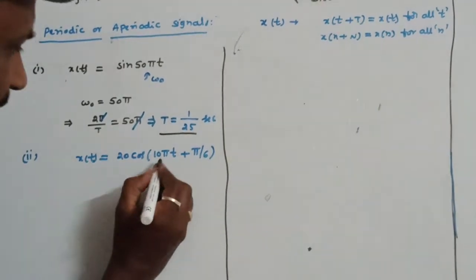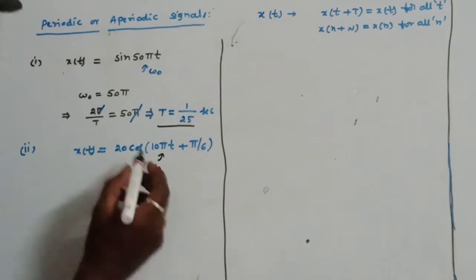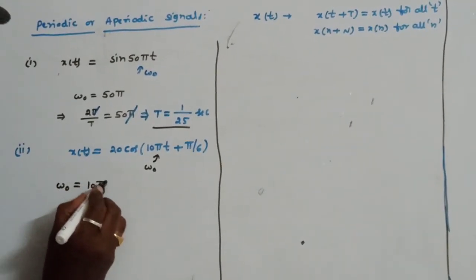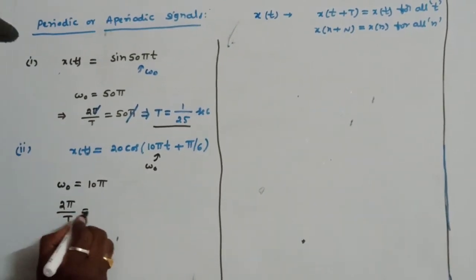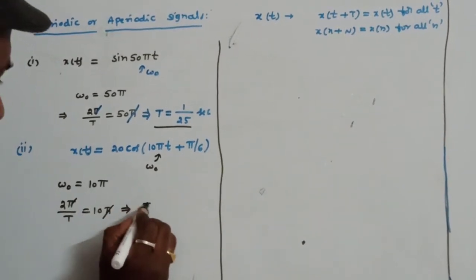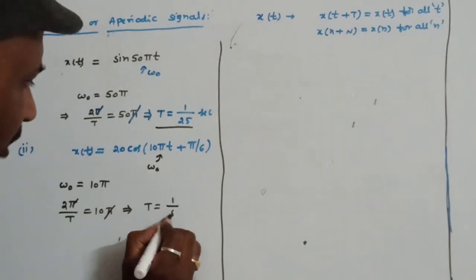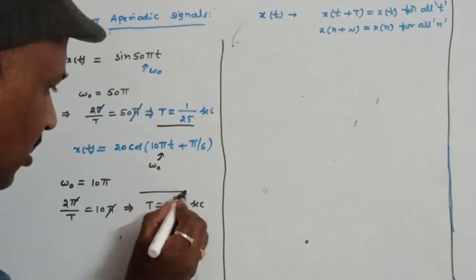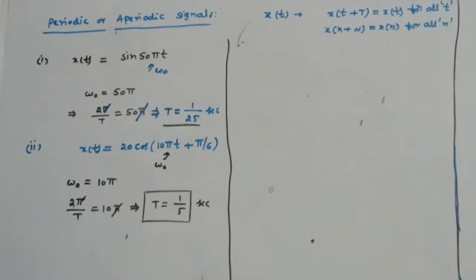Let us find out what is omega 0 here: 10 pi. So what is our formula? 2 pi by capital T is equal to 10 pi. Cancel out pi and pi. T is equal to 2 by 10, so that is 1 by 5, or you can write it as 0.2 also. That doesn't matter. So T is equal to 1 by 5 or 0.2 seconds is the answer.